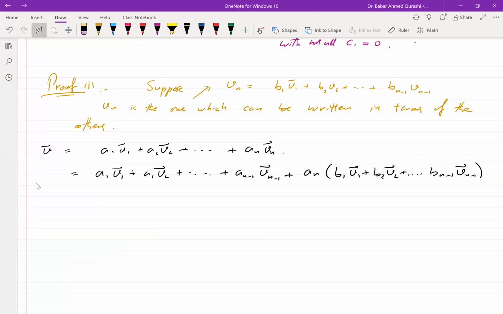So my any vector would turn out to be a linear combination.